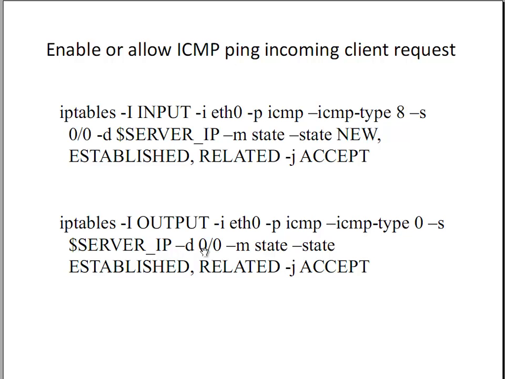Notice the -d here is 0/0, meaning anything. The -m state and the --state, established and related, means that now only previously established and related connections that are in our connections table for our stateful packet filtering firewall will that packet be accepted for egress packets, that is, packets outgoing from our network.